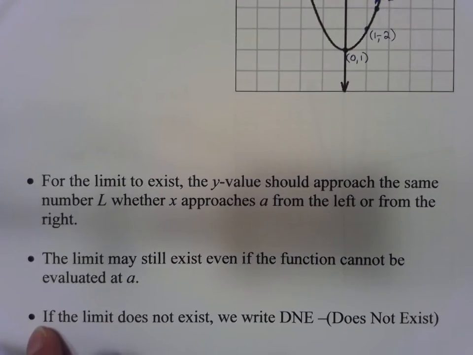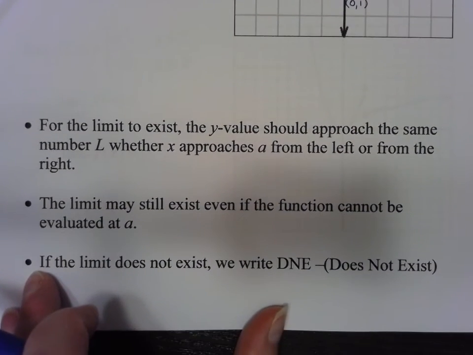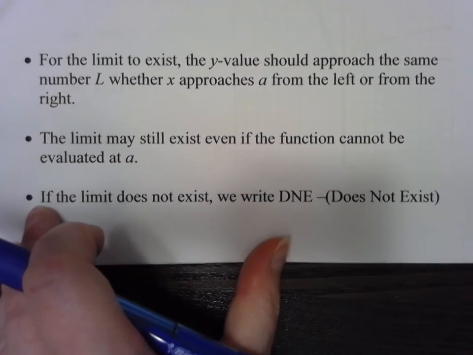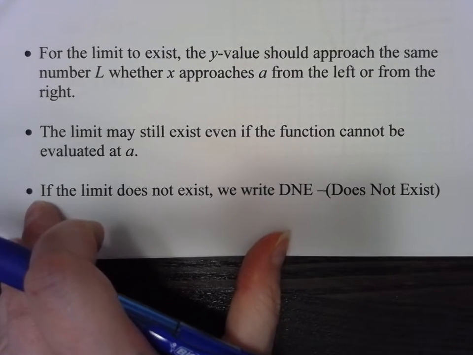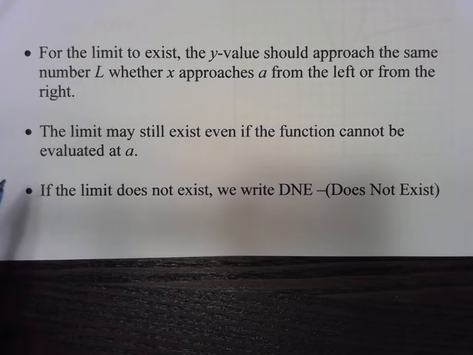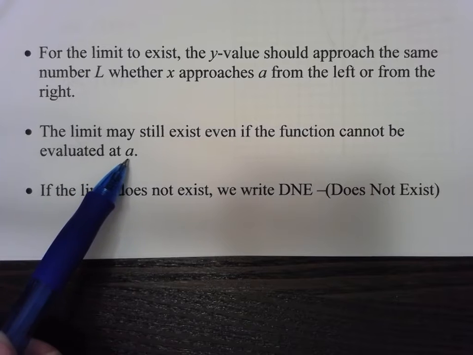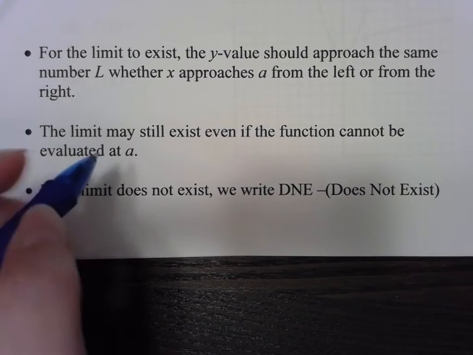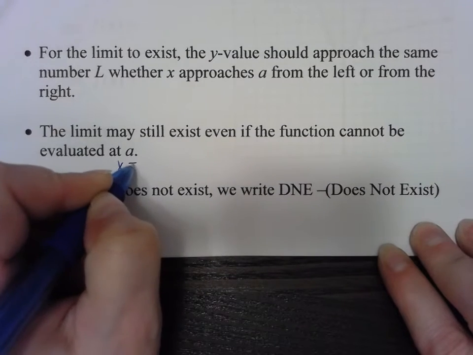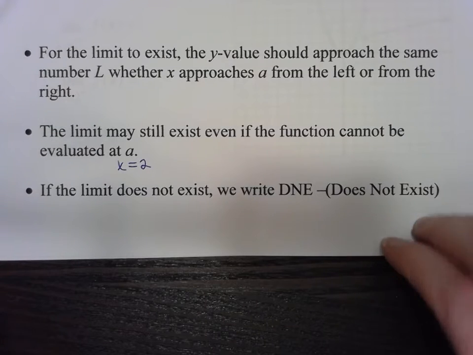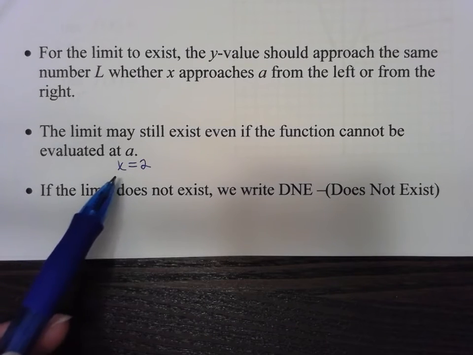As we can also see in this example, the limit may still exist even if the function cannot be evaluated at a. In that picture we just drew, we didn't have a value there. We had an open hole. So it really doesn't matter what happens at, above, our example was when the x value was 2. It doesn't necessarily matter what's happening right at 2.